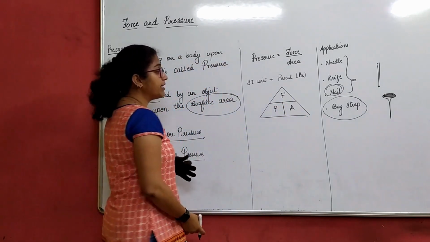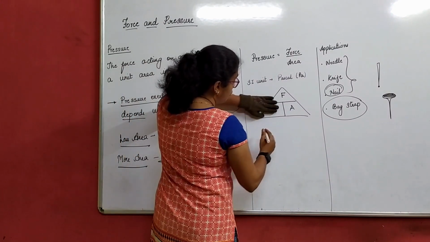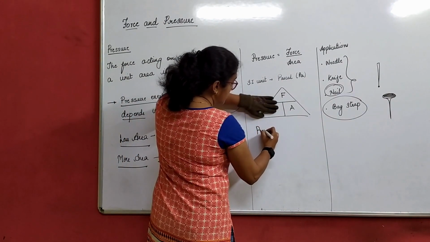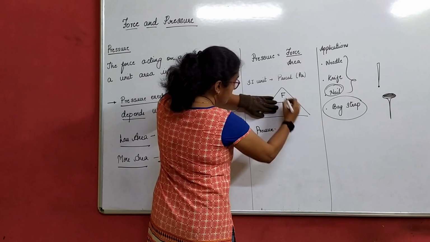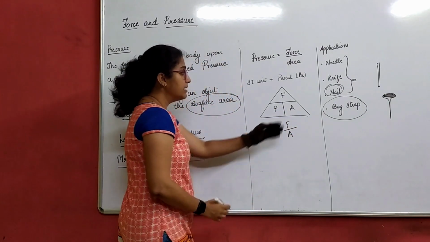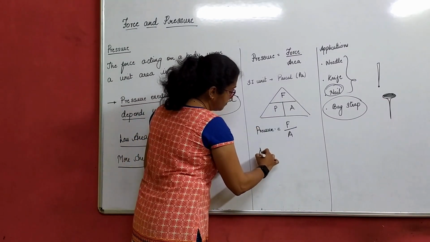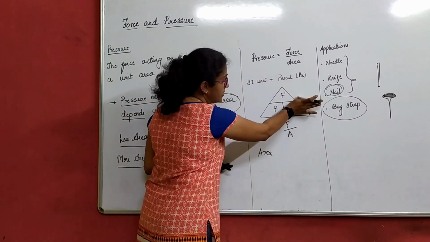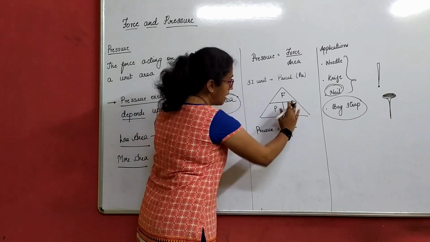So how do we write this formula? Suppose I have to find pressure. Pressure is equal to force upon area. Correct? Suppose I have to find area. If I hide this, what do I get? Force upon pressure.